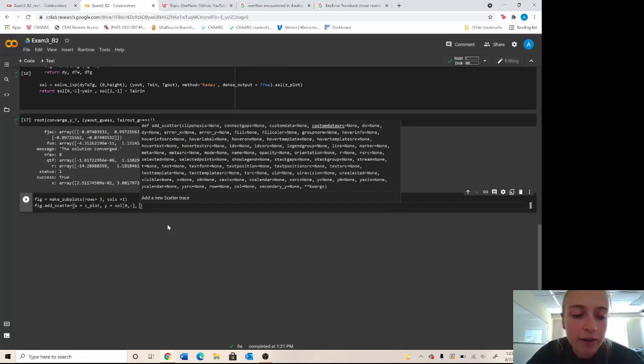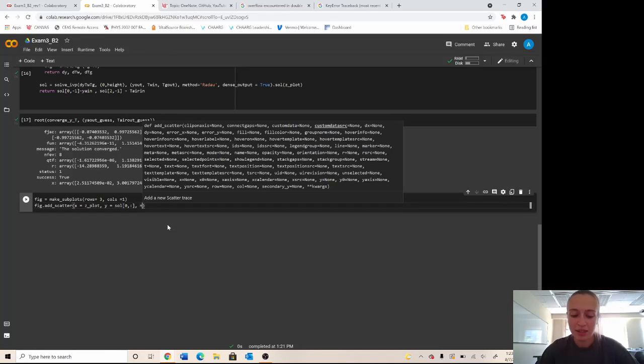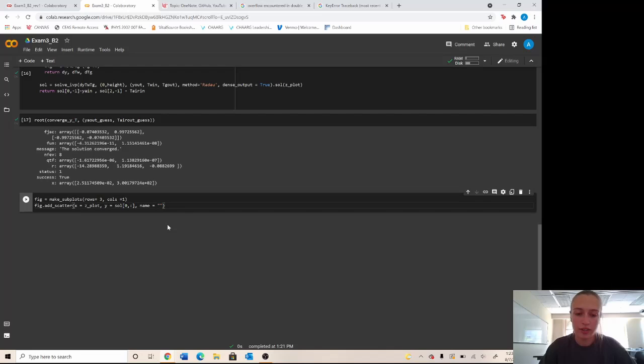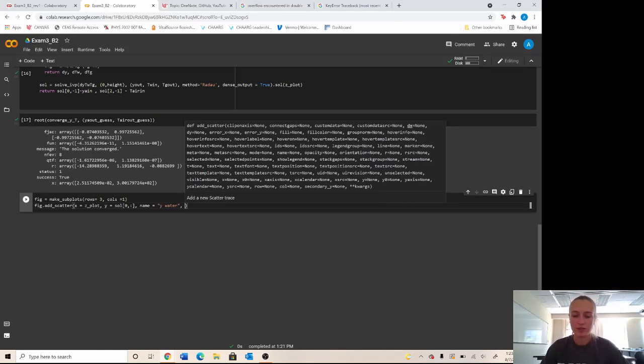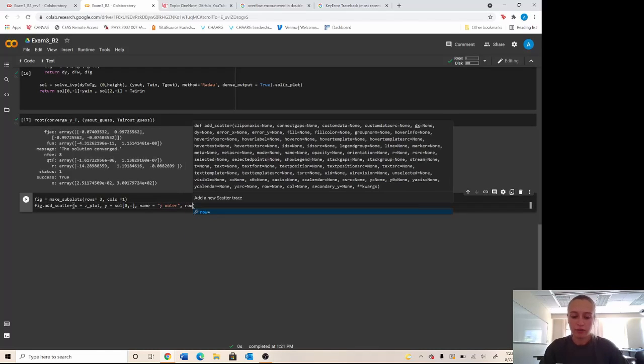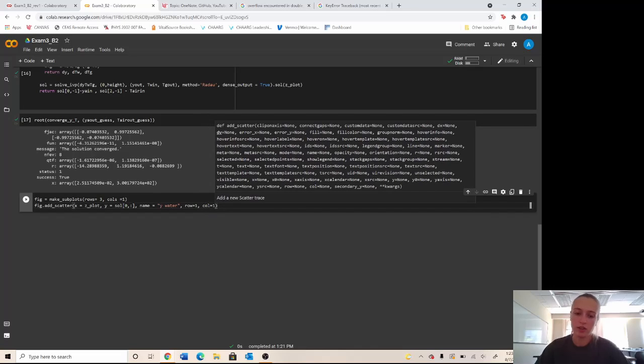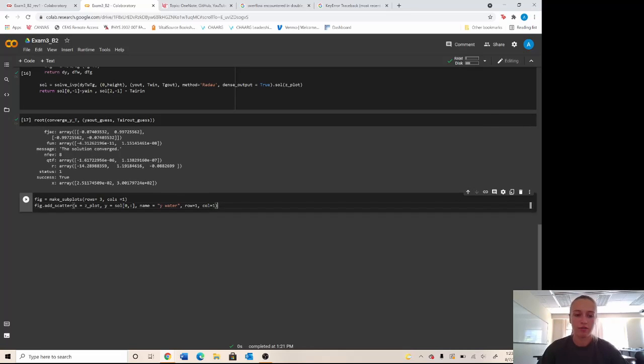And then we want to say that the name is equal to, I'm just going to call this the mole fraction of water. And then we are going to say that the row is equal to 1, and then the column is equal to 1. So this will define it as the first graph.